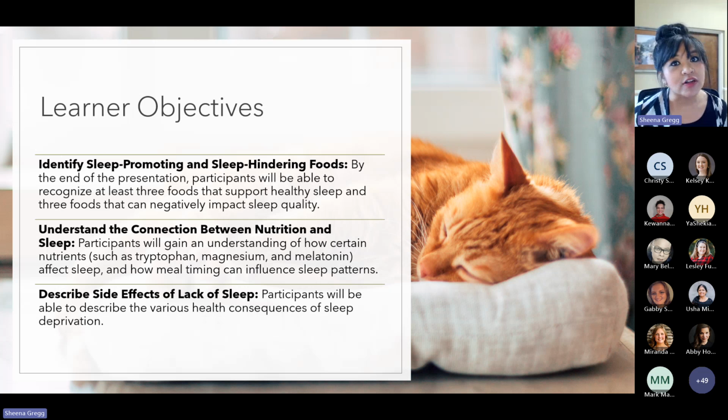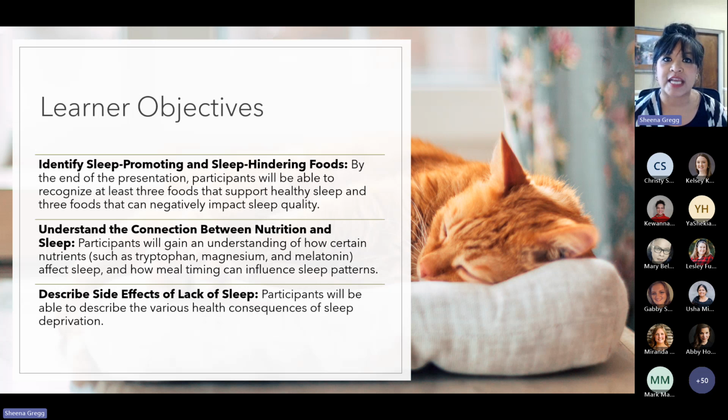Wonderful. So with our learner objectives today, we do want to identify some sleep promoting and sleep hindering foods and nutrients. I want you to be able to get familiar with these, maybe even more familiar if a lot of the things that I'm mentioning today are things that you have heard about, but maybe provide a little bit more context as to why they may help or hinder our sleep.